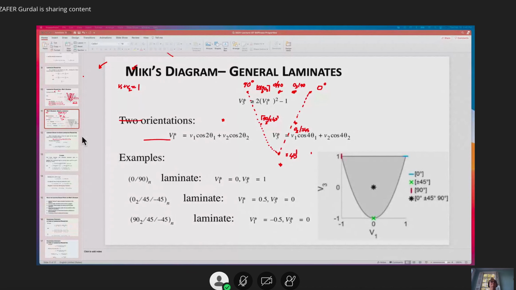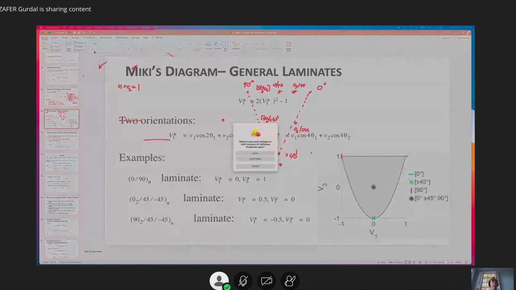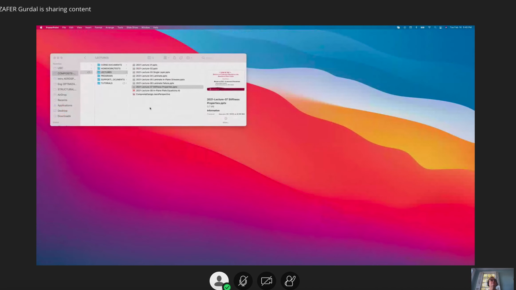All right. So I'm going to close this. Save. And go to my next lecture, which is in-plane plate equations.